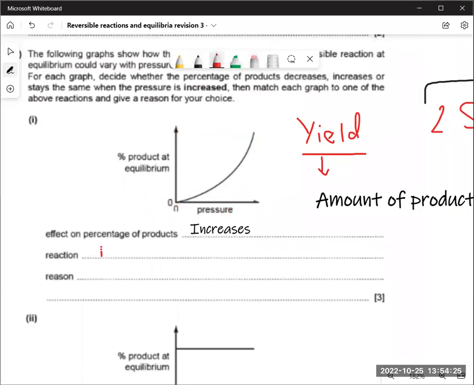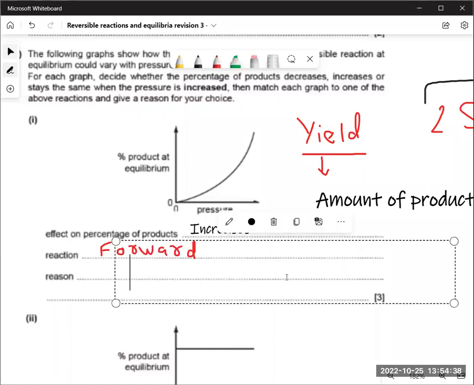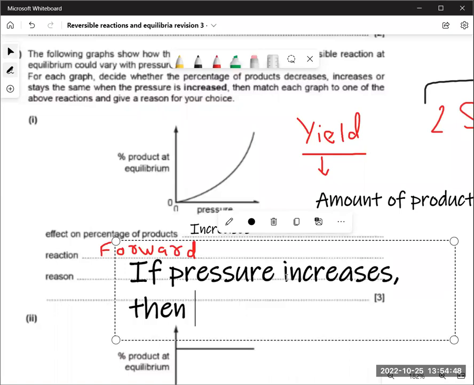Forward reaction. Good job. What is the reason? So if the yield increases, then the forward reaction is favored. Not yield increases, pressure increases, right? Pressure increases, then the forward reaction is favored.